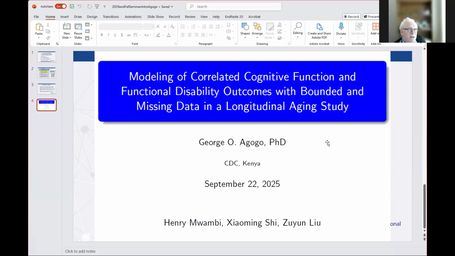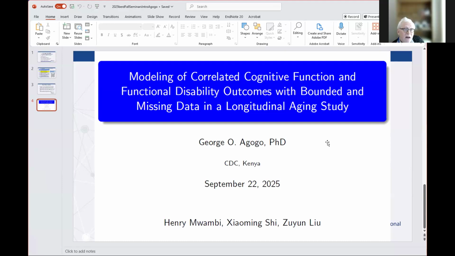Now, as Dr. Agogo goes into his work, I do want to draw your attention again to the fact that this work comes out of aging research, where you often are modeling multiple outcomes, and they are correlated because they're both, in some ways, manifestations of what we think of as our aging death process.